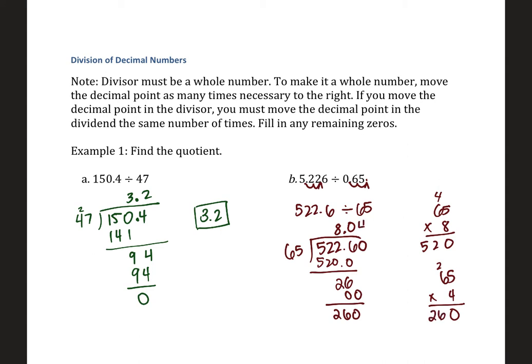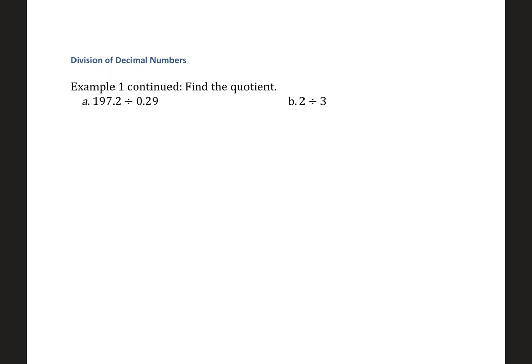So 4 times 65 is 260. Our remainder is 0. When you're working with decimals, you don't put a remainder; you want to keep working until you have a remainder of 0. So the answer for this one is 8.04.